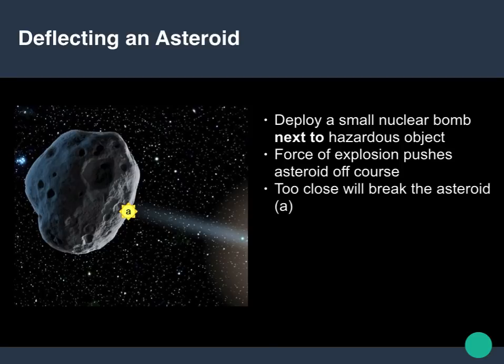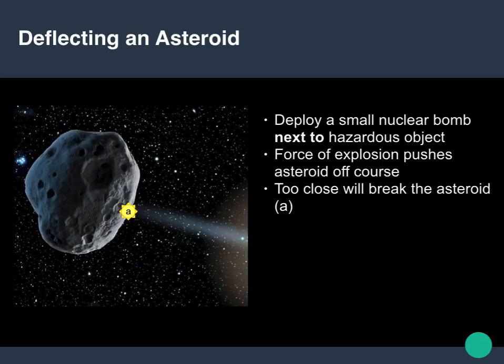So if we get too close, say we impact here, we risk breaking the asteroid. And so one of the games that I play with my research is how close is too close, and if the asteroid did happen to break during this explosion, what would the debris do?